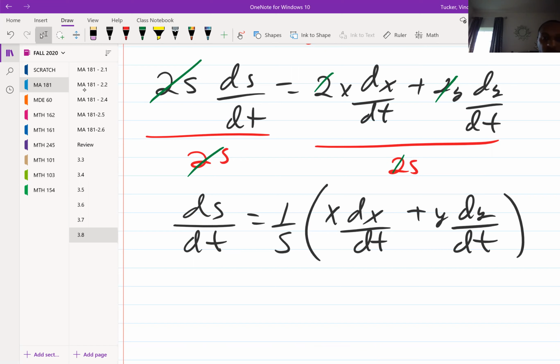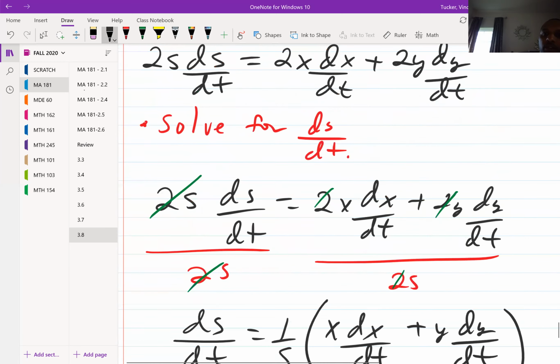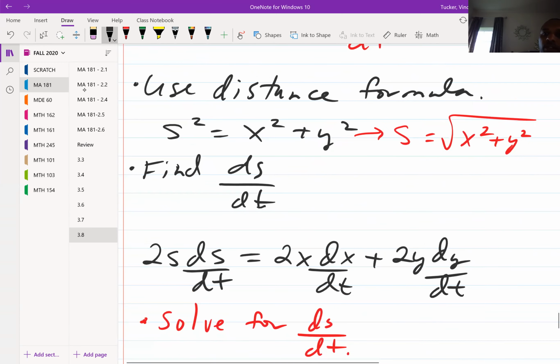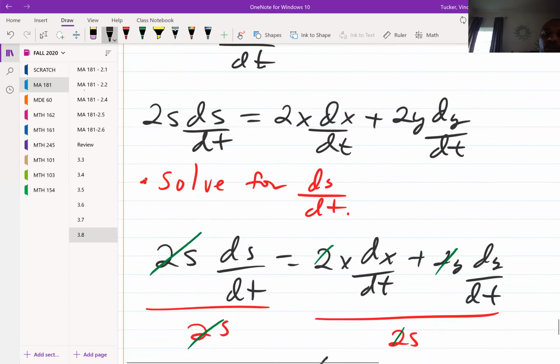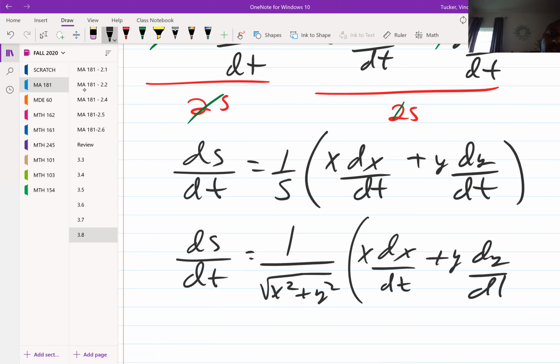Now if we want to completely write that expression in terms of just x and y, ds/dt would be equal to 1 over the square root of x squared plus y squared, which is what I got back here, s equal to the square root of x squared plus y squared, times x dx/dt plus y dy/dt.